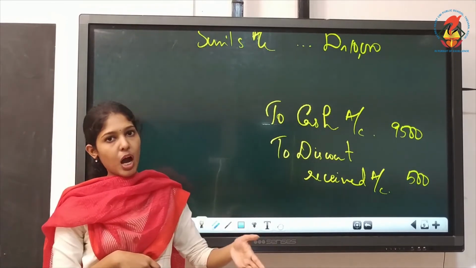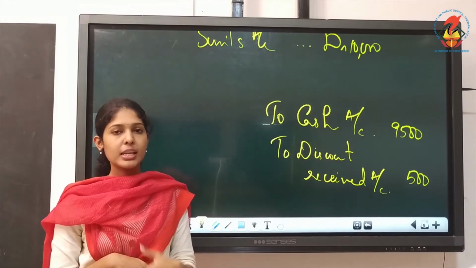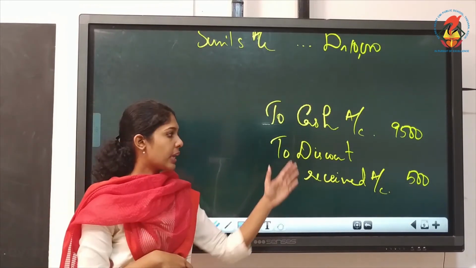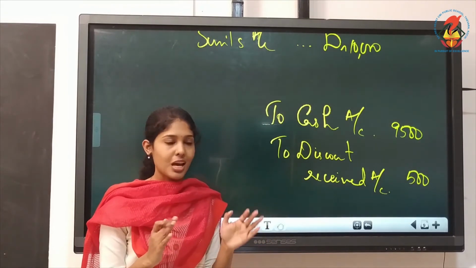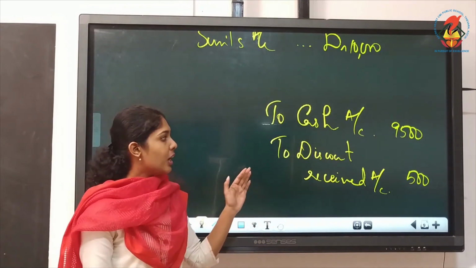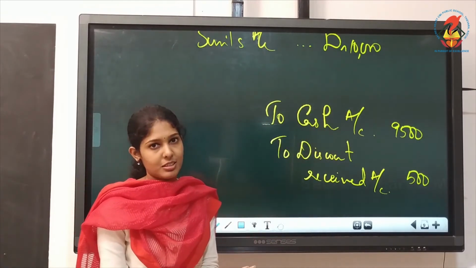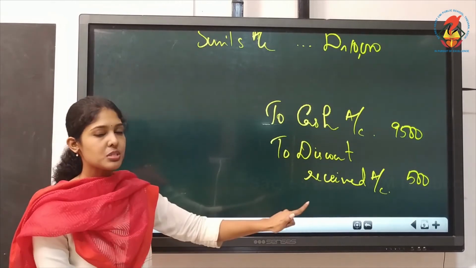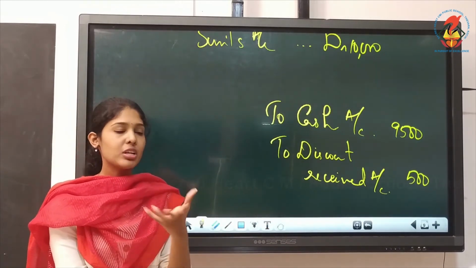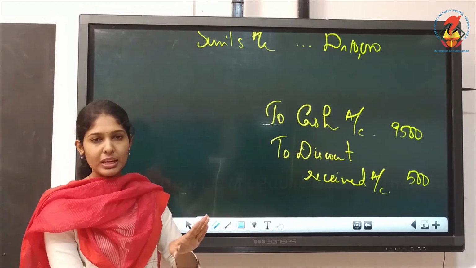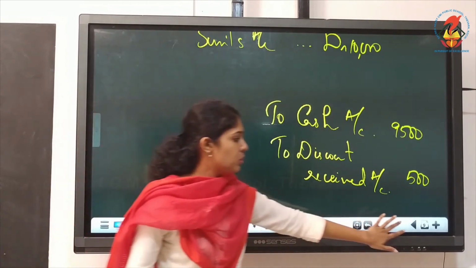Discount received, discount allowed, these transactions which cannot be recorded in any of the other books can be recorded in journal proper. All these are not asked; I said the concept actually. What you have to do is in cash you just write that 9,500. In a real situation discount received will go to the journal. In your textbook they have written journal entries and all, no need to write like that. This one I wrote just for you to understand. You just have to do the posting.